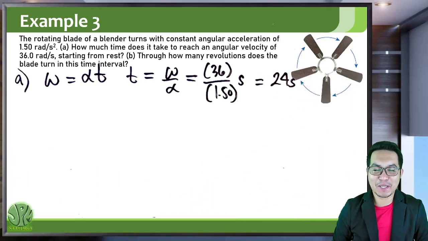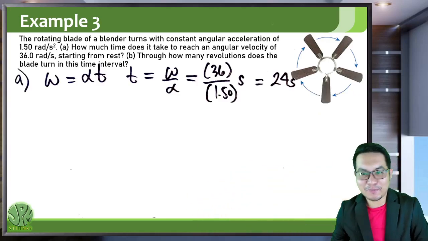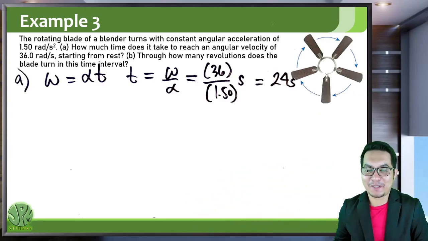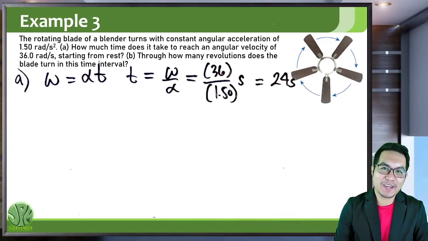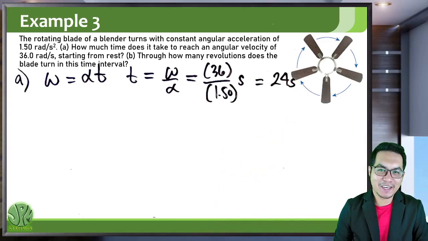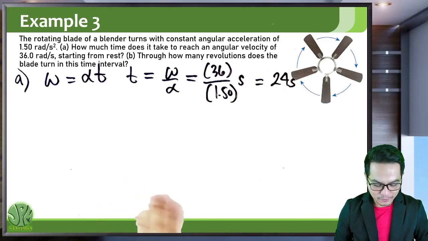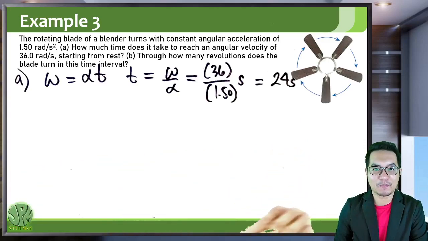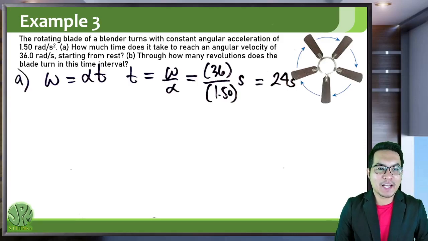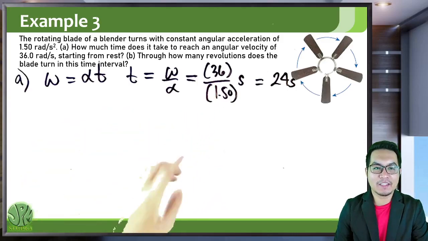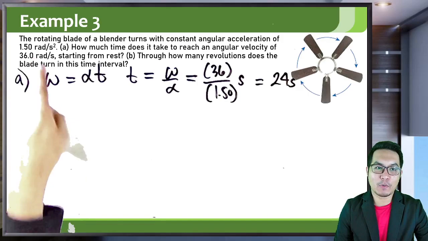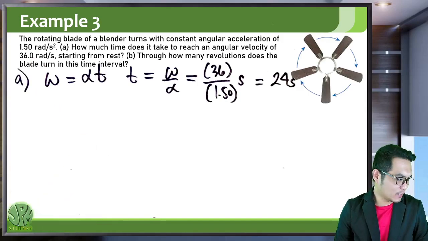If you do this manually, it will take you 24 manual counts before you can reach the final answer, and that's not a very elegant solution. So this is the elegant solution. It takes 24 seconds from rest to reach a final angular velocity of 36 radians per second if your angular acceleration is 1.50 radians per second squared.